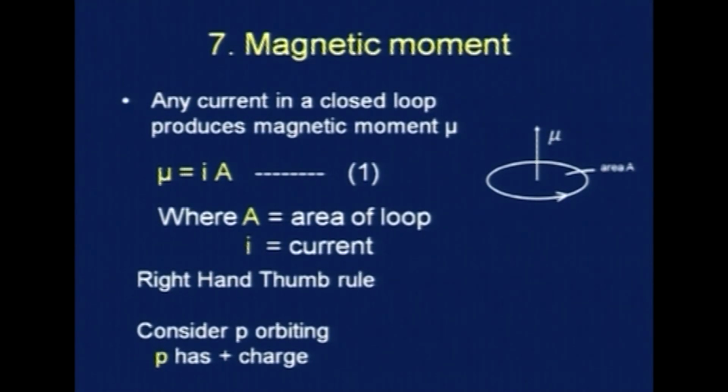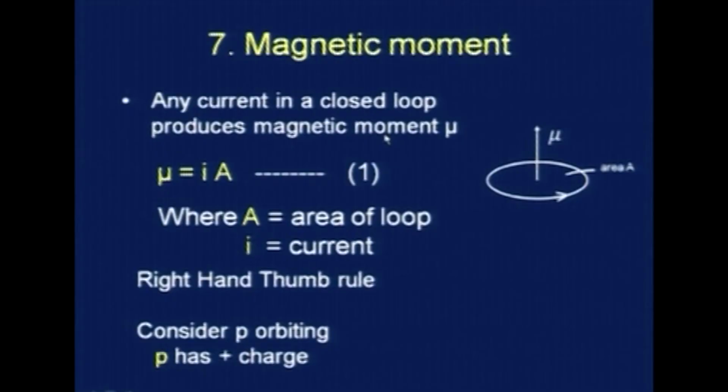Now here what we observe is that, as in any electricity and magnetism textbook, we all know that if a current is flowing in a loop, it will produce a magnetic field, like the solenoid or a current carrying conductor. Now here this is a nuclear case. So any current in a closed loop produces a magnetic moment mu.